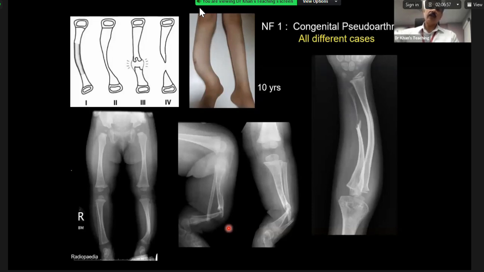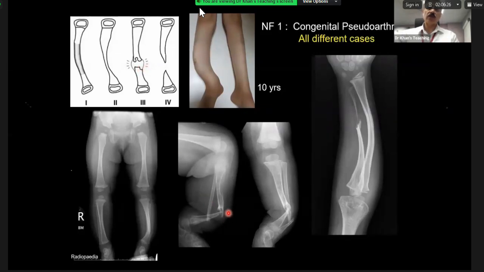Clinically speaking, they might have a bowed type of appearance of a limb. It can be lower limb, it can be upper limb. Then if you see this picture, there might be thinning. There is a concept of bone resorption. And when the bone is resorbed, we don't know why it happens, there can be pseudo fractures or true fractures.